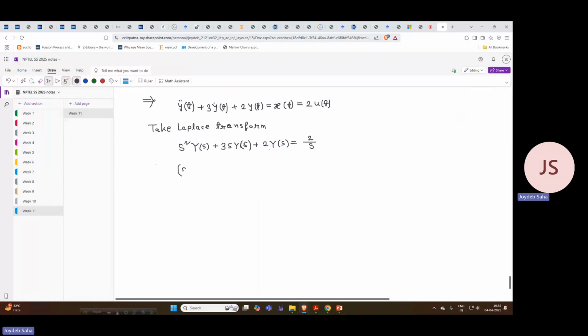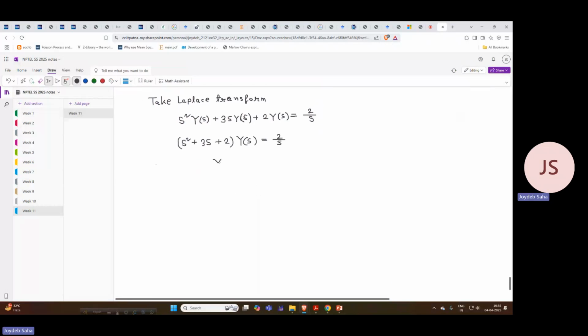We can write s square plus 3s plus 2 times Y s is equal to 2 upon s.